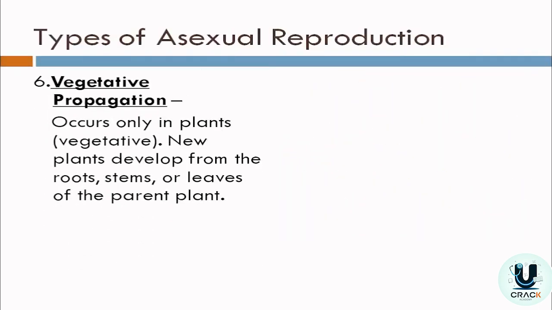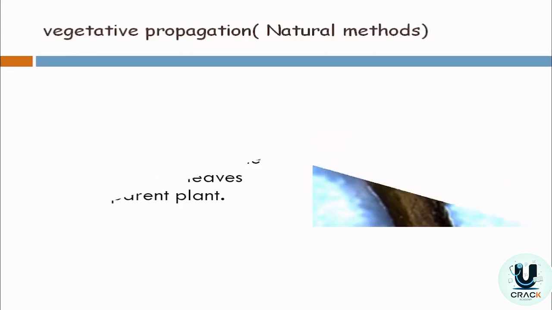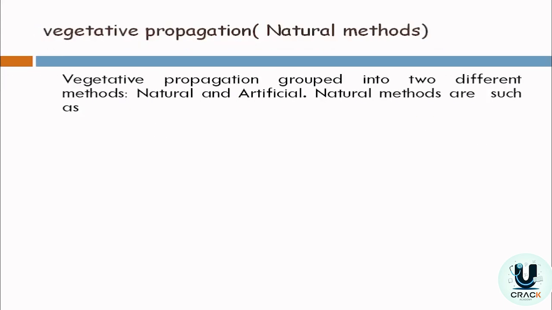Sixth one, vegetative propagation occurs only in plants. New plants develop from the roots, stems or leaves of the parent plant. Look at here how it is growing. Vegetative propagation is grouped into two different methods, natural and artificial.